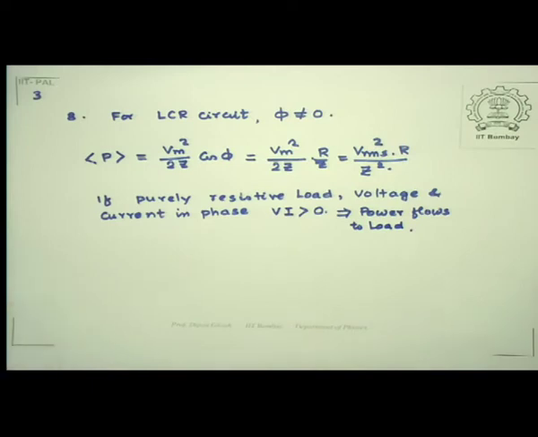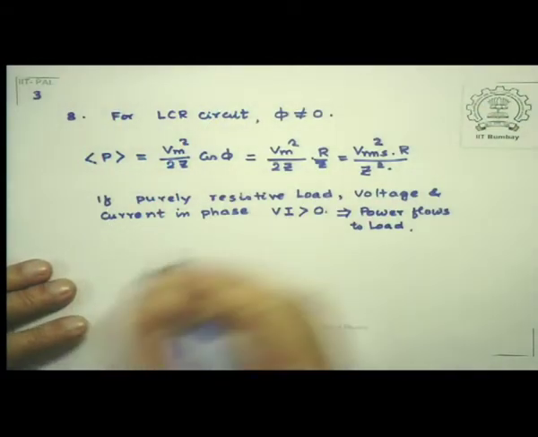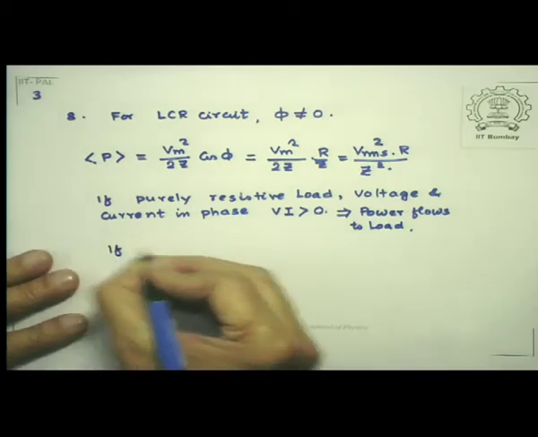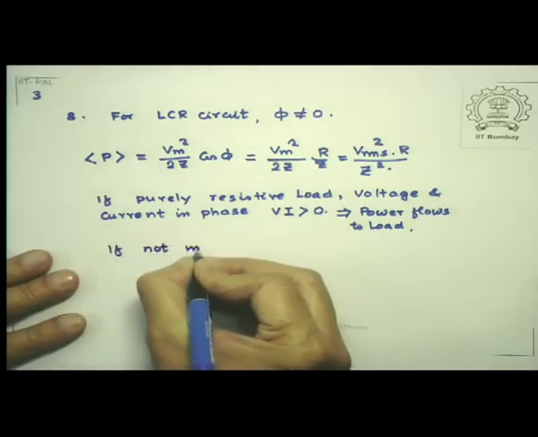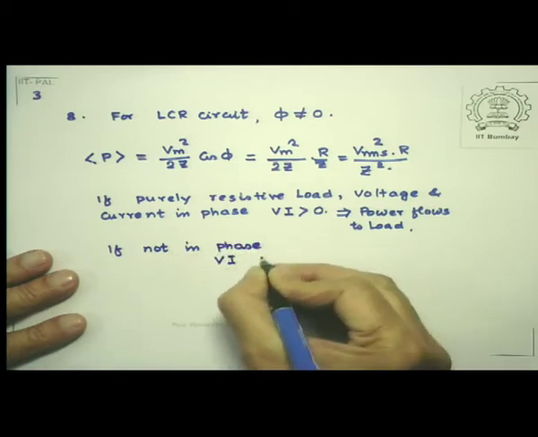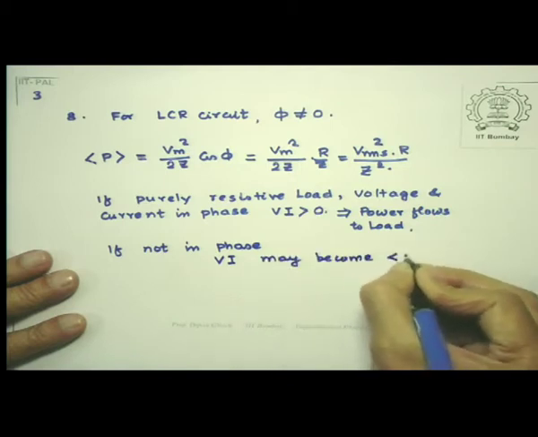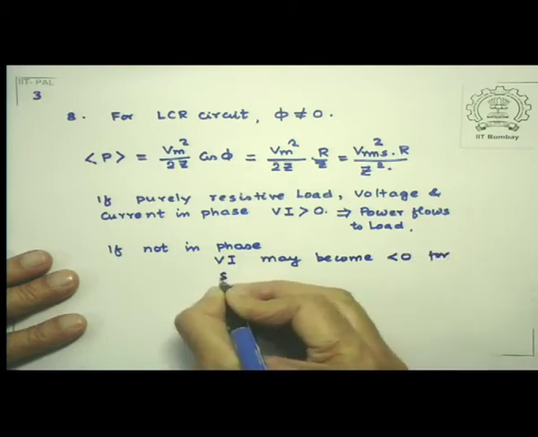Now notice that since both voltage and current vary sinusoidally, if they are not exactly in phase, then in some part of the AC cycle, V times I will become less than 0. So if not in phase, V times I may become negative for some part of the cycle.